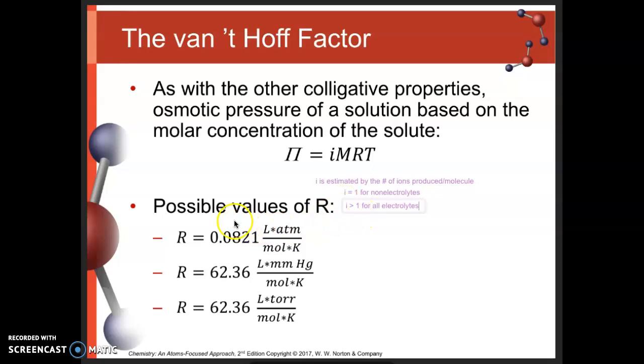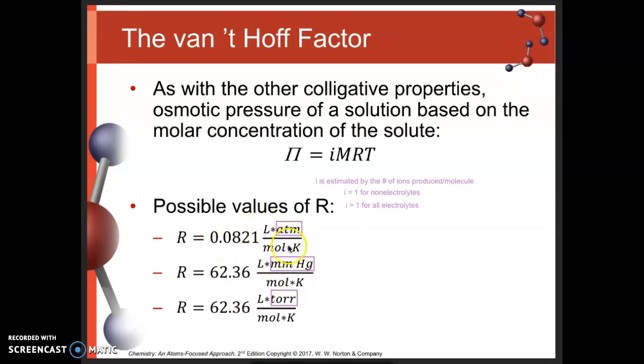Now, as far as values of R are concerned, there are several that are possible. All of the values of R are completely dependent upon what unit of pressure we are going to use to describe the osmotic pressure. Notice that everything else in these equations, liters, moles, Kelvin, they're all the same.